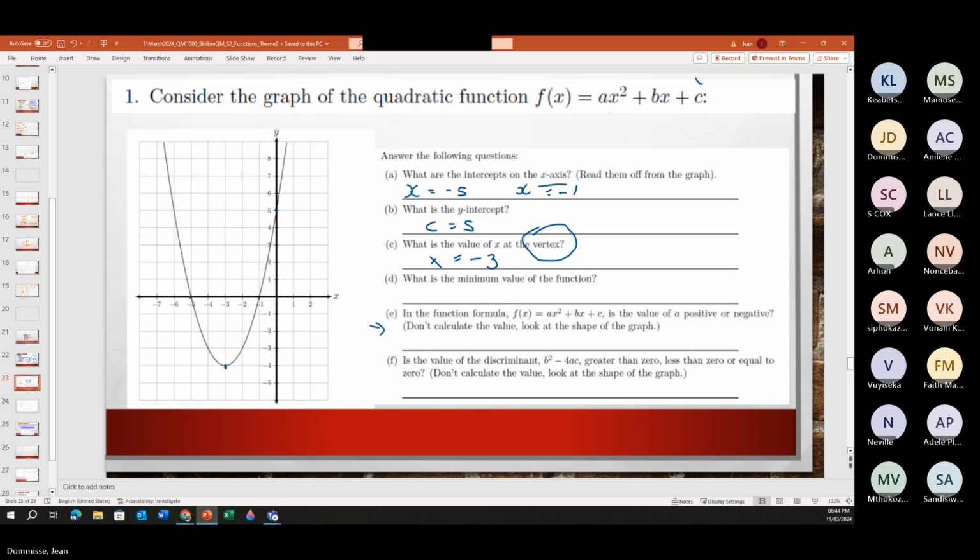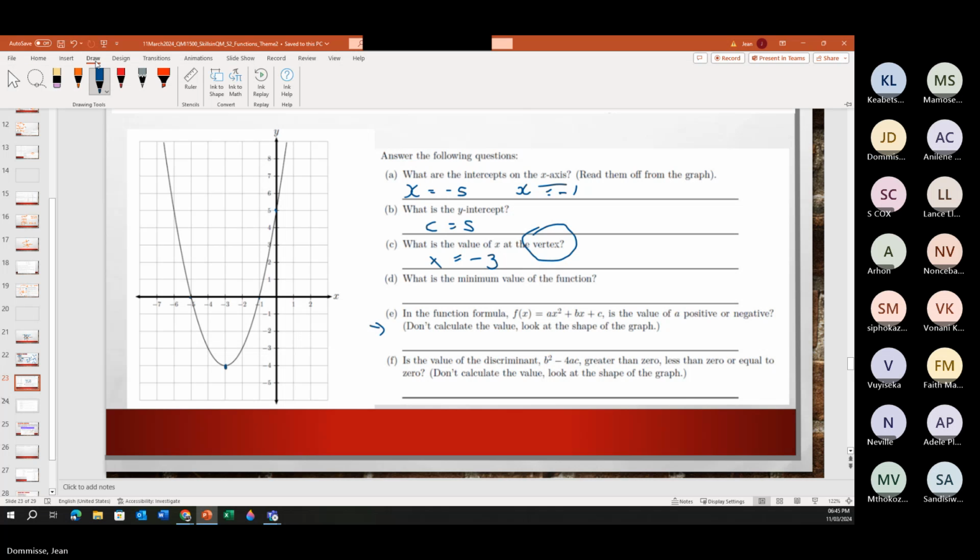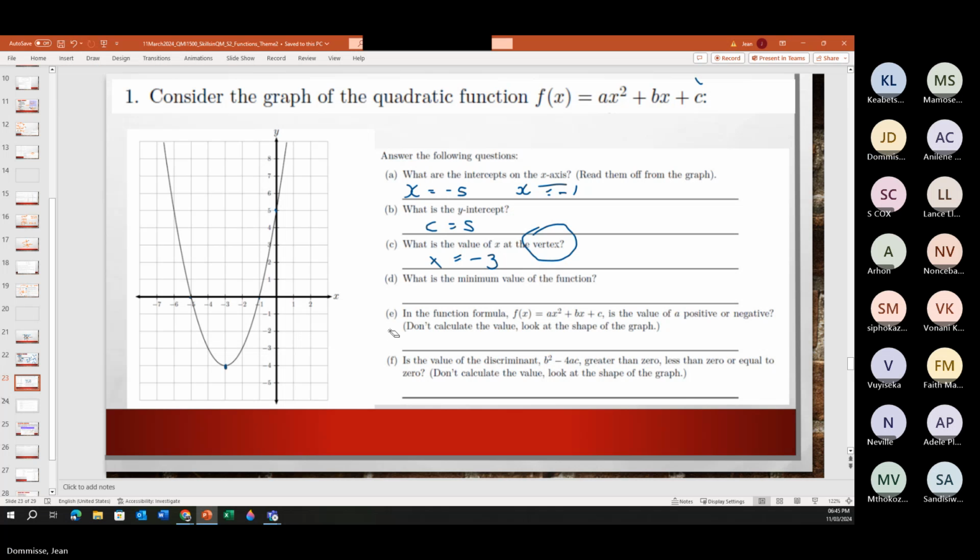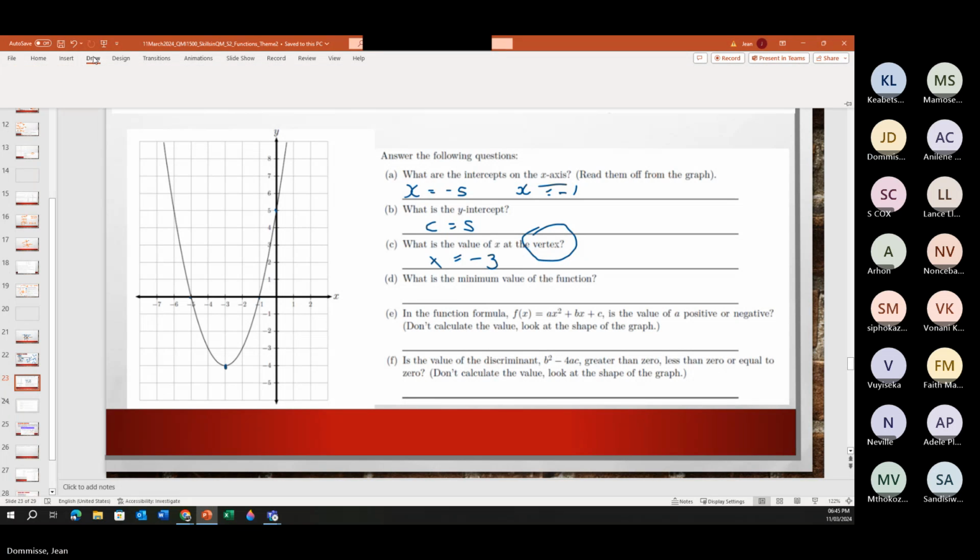So let's first see what is the minimum value of this function. So what would you guys say is the minimum value of this function? You can put it in the chat. So what is the minimum that this function could go to?